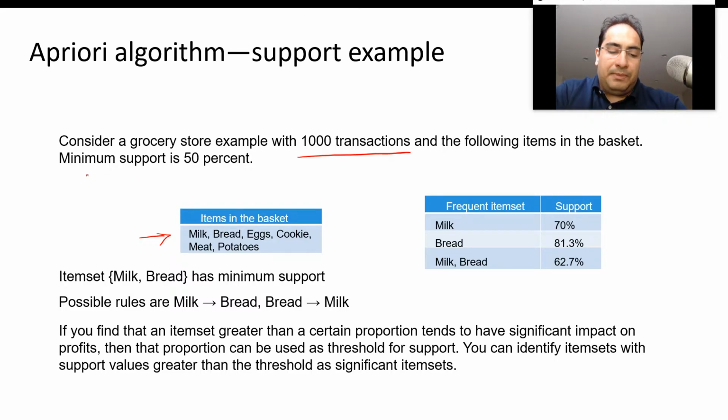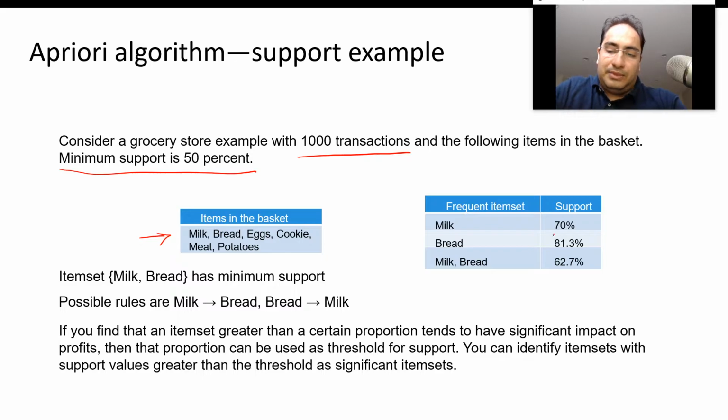The minimum support that we define for a frequent item set is 50%. So an item or item set is a frequent item set if it appears in at least 500 of the 1,000 transactions, or 50% of those.